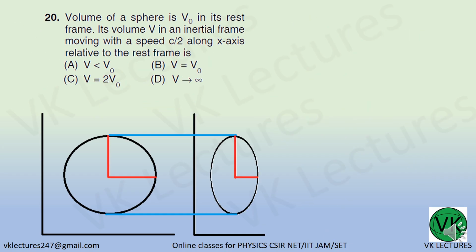The volume of a sphere is V0 in its rest frame. Now what is its volume V in an inertial frame moving with speed c by 2 along the x-axis relative to the rest frame? So this is the rest frame S and this is the moving frame S dash, which is moving along the x-axis. Here we have the radius along y and the radius along x in S dash.